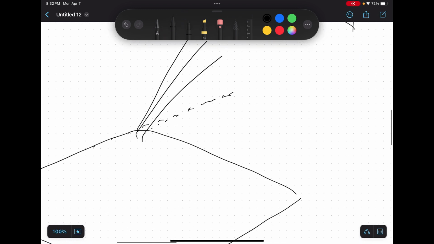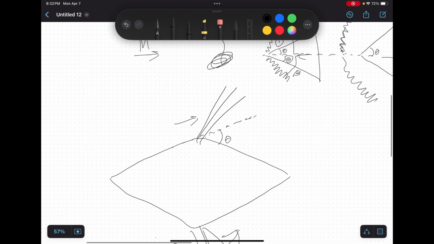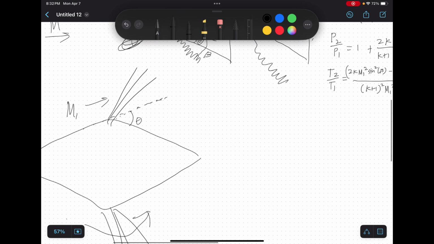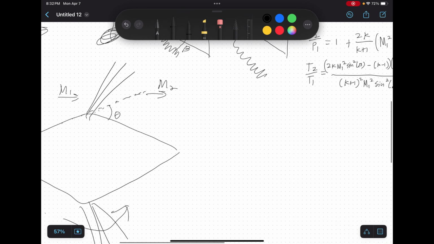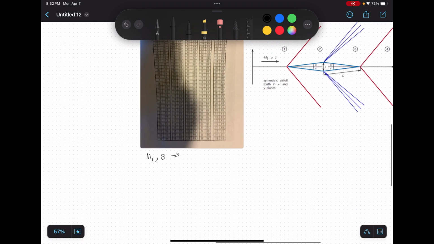So this is a straight line. We know theta, and we know the incoming Mach, and we're trying to find the outgoing Mach. So how do we do that?